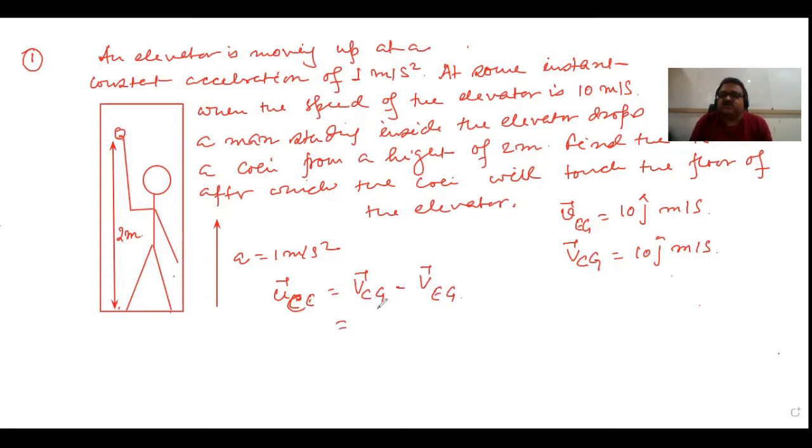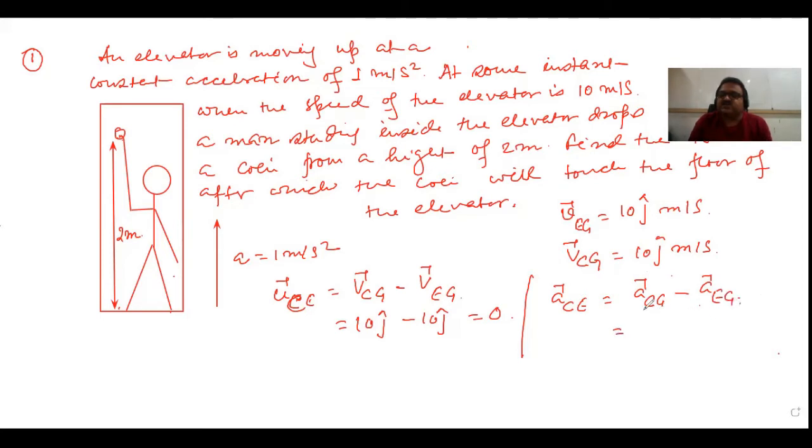So velocity of the coin with respect to the ground is 10 j cap, minus 10 j cap, so the initial velocity of the coin with respect to the elevator is 0. Now what is the acceleration of the coin with respect to the elevator? That is acceleration of the coin with respect to the ground minus acceleration of the elevator with respect to the ground.